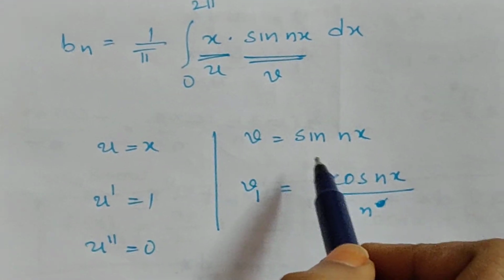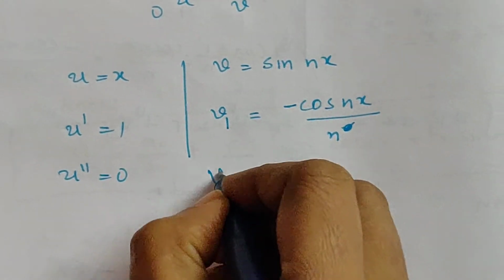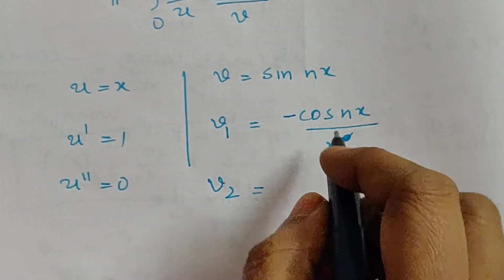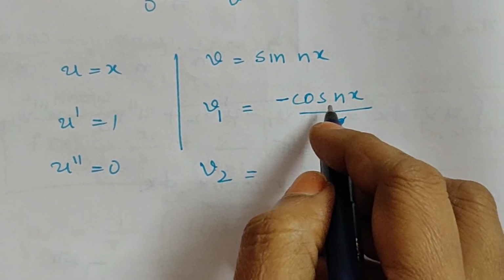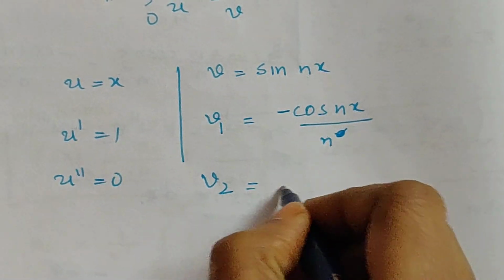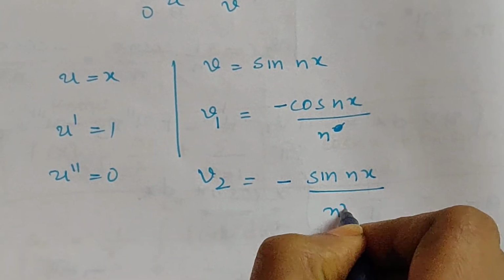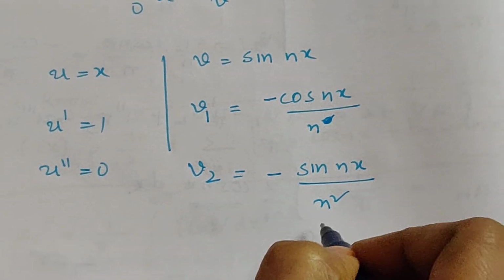Clearly we know the derivative of sin is cos, so the integration is minus cos. v2: for the cos function, the integration is sin, so minus sin nx by n². Already there is one n, so one more n we will get.